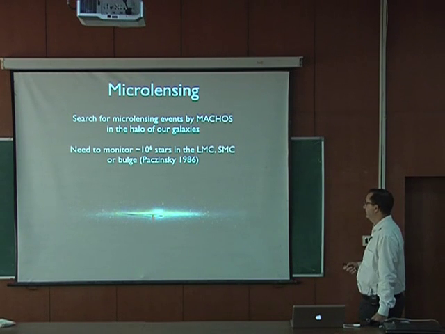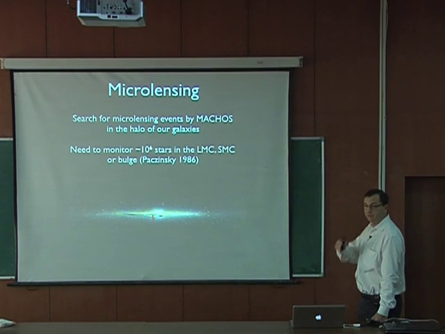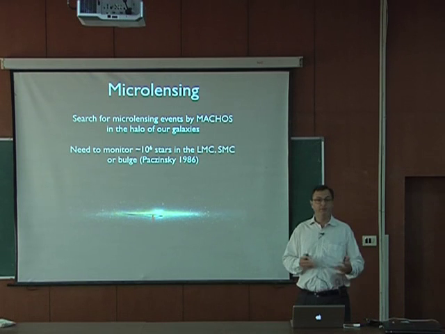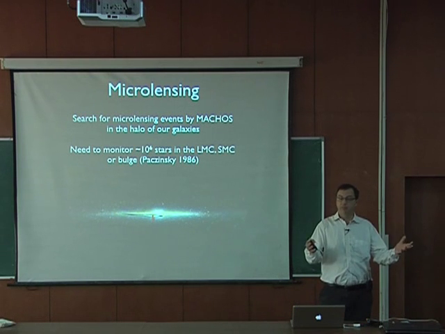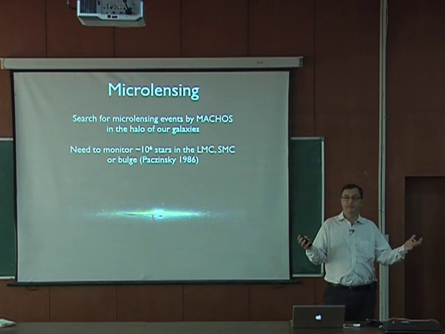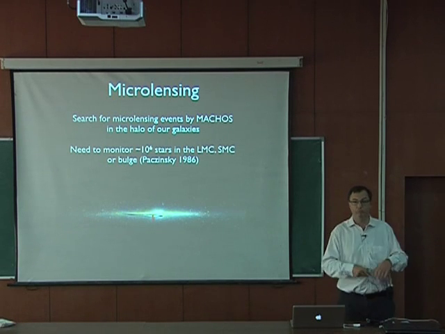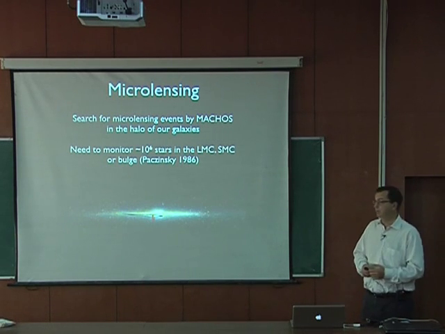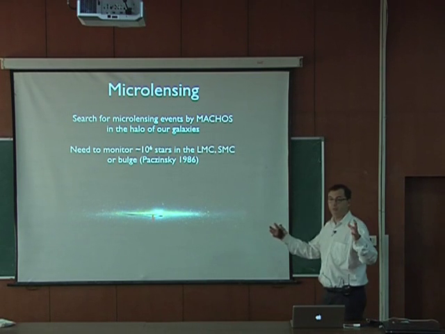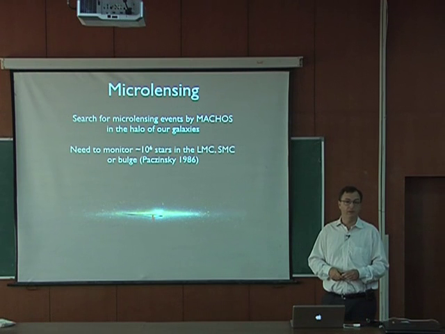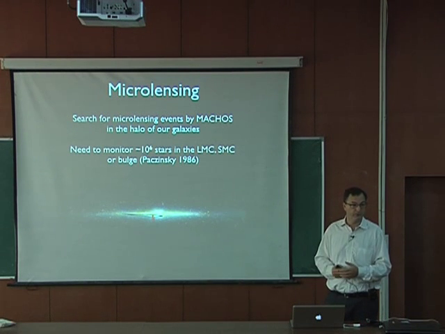So one of the questions that happened at early time that we discussed briefly before is whether dark matter could be made up of objects of masses like stars, but would happen to be dark or too faint to be detected. For instance, brown dwarfs or very faint stars that could be baryonic, that have collapsed, but they just happen not to emit much light, and they could have been missed.